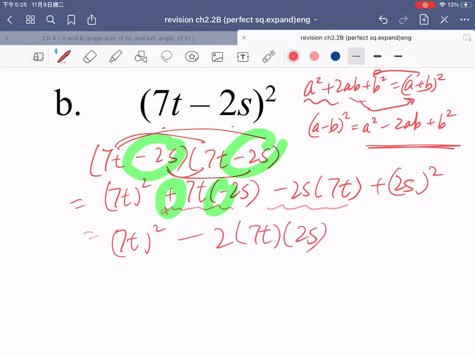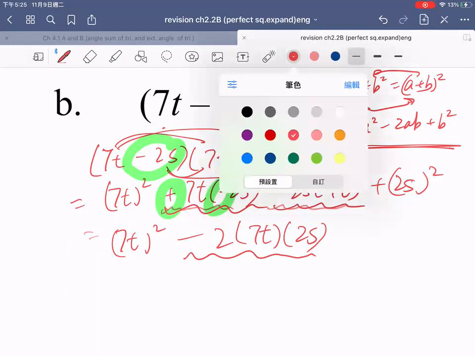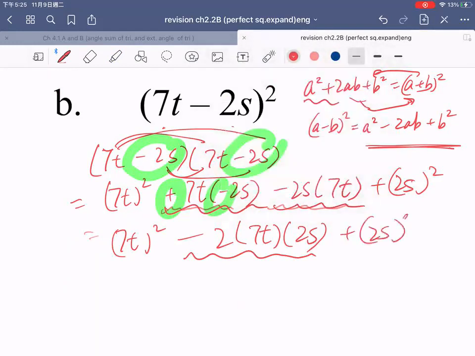These two are negative, 2s times 7t minus 2s times 7t, just like this. Okay, so now we have this plus (2s) bracket square. Okay, so this is the formula.